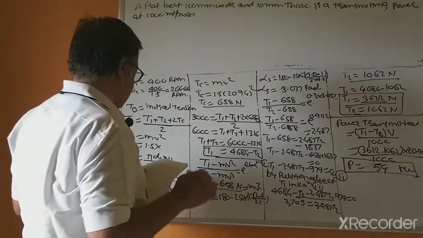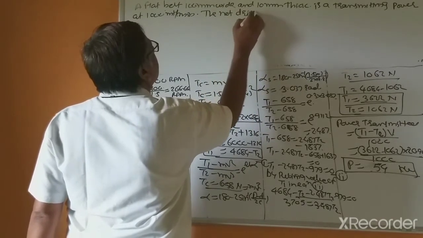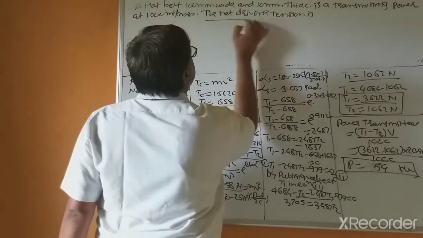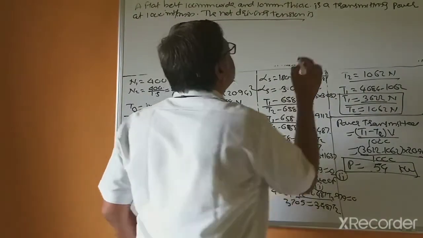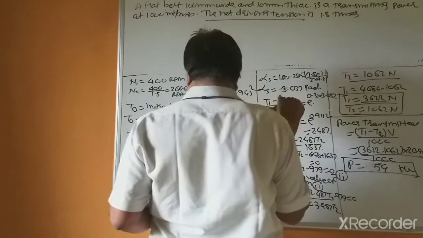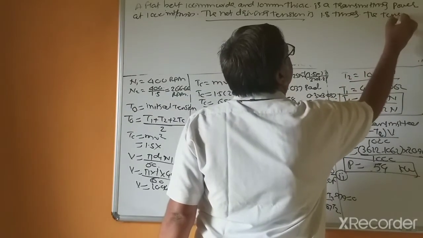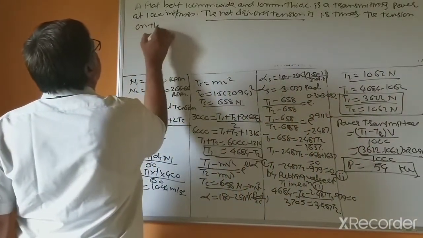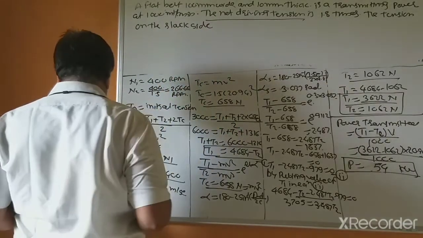The net driving tension is, so this is important, the net driving tension means T1 minus T2 is 1.8 times the tension on the slack side.